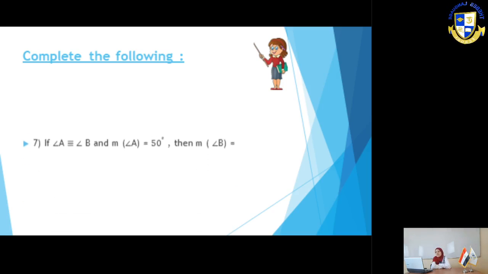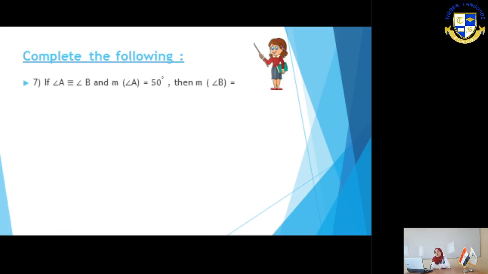Complete the following. Number 7, if angle A is congruent to angle B, and the measure of angle A equals 50 degrees, that means the measure of angle B also equals 50 degrees, because they are congruent and have the same measure.